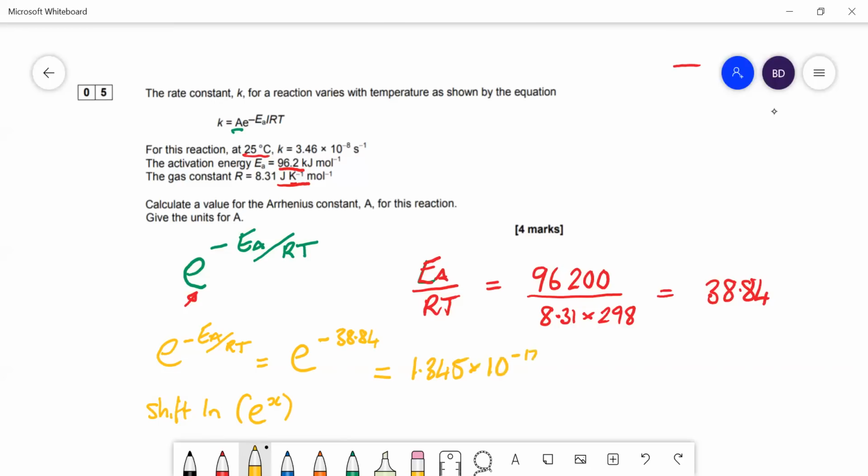Okay, we know that number now, so we need to put that into the Arrhenius equation up here to work out what A is.